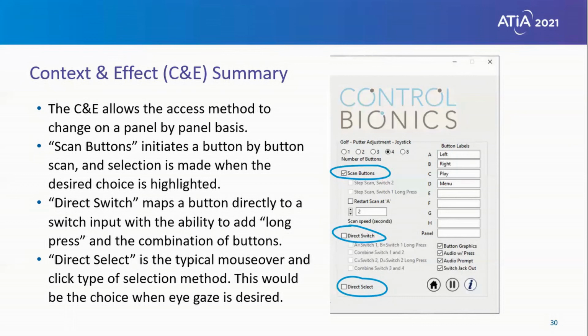So that's direct switch, where a button is basically mapped directly to a switch out, with some nuance there because you can combine switches like you saw with the pinball example where the left and right flipper were combined, or you can use long press, which is what was used with the OB dining robot, where the short activation moved the spoon from compartment to compartment.